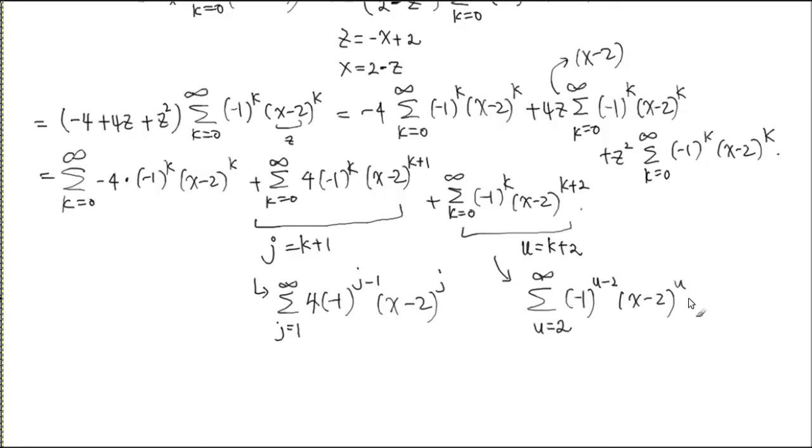Alright? Once you reindex it, you go back to everything in terms of k, right? Because it's a dummy variable. Individual terms is all just indexing.